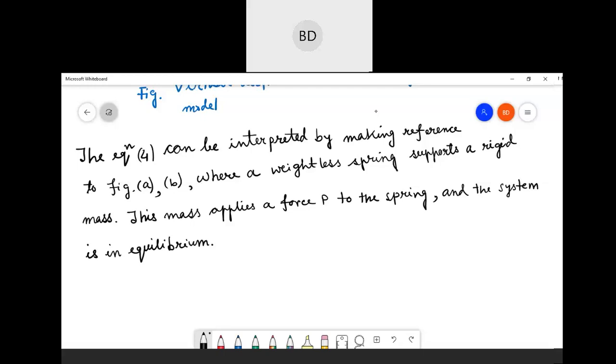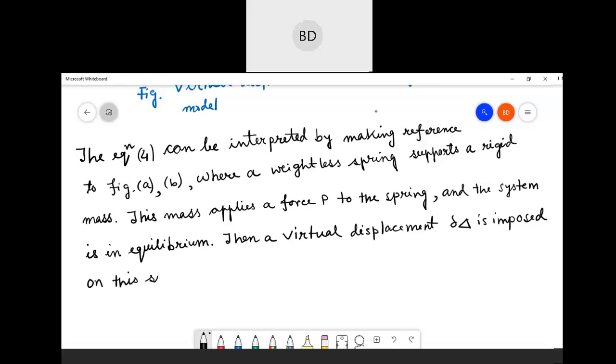Then a partial displacement del delta is imposed on this system as shown in figure A.